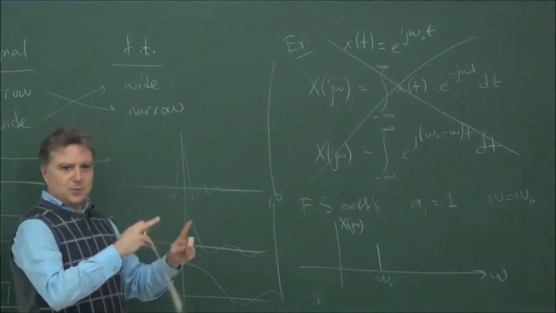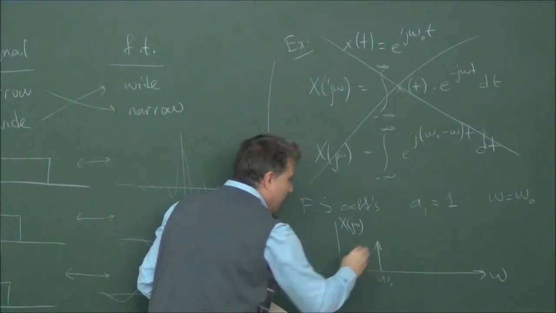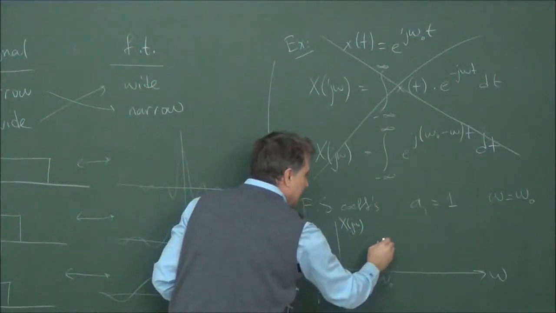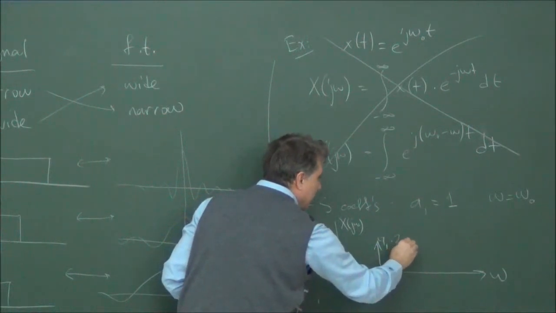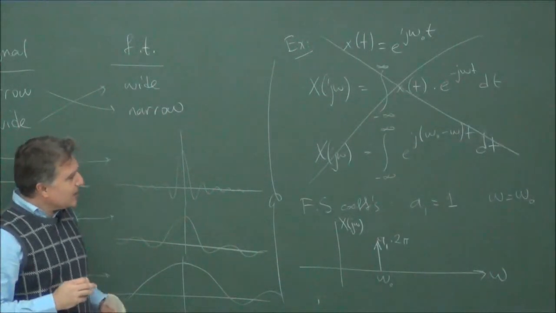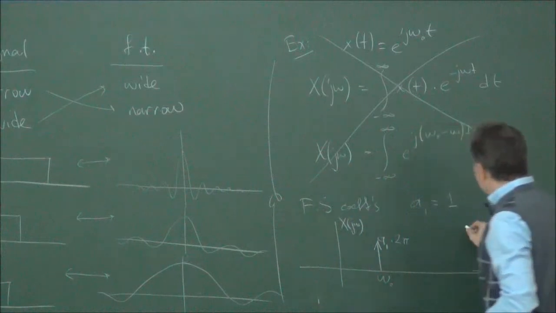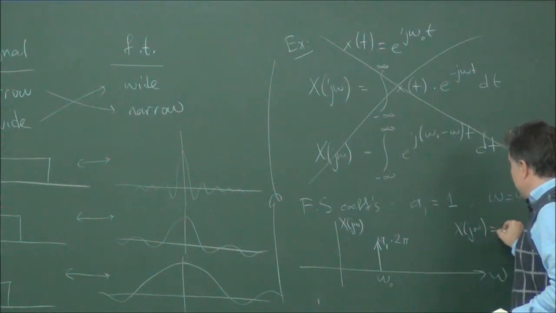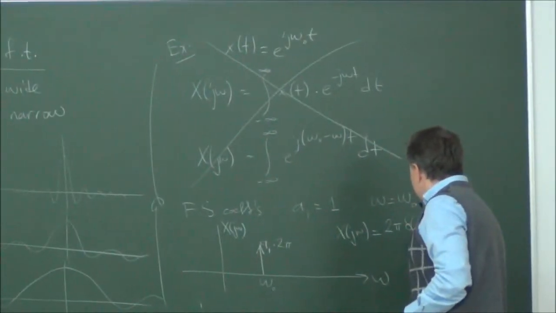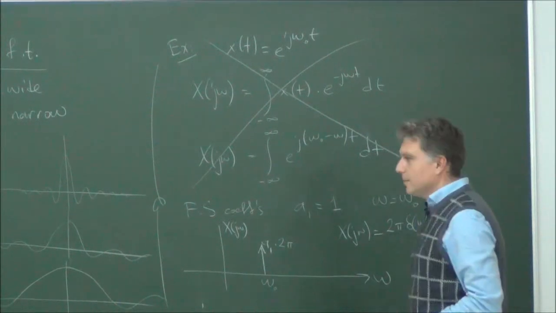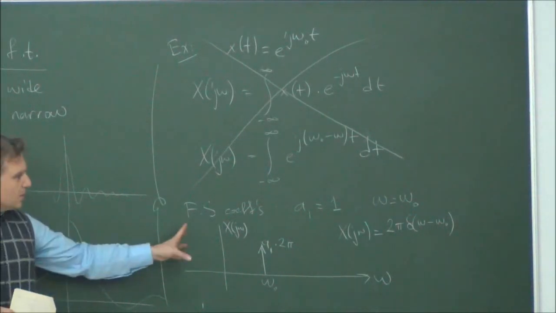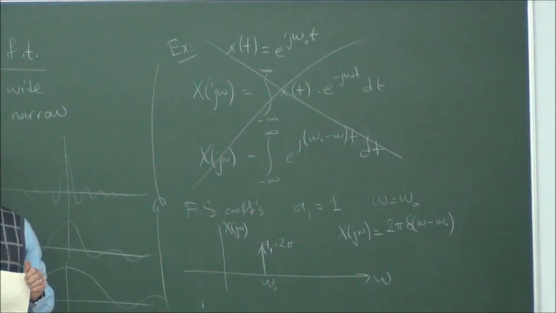Continuous impulses were terminated with an arrow. So put an arrow here. What is the magnitude of that impulse? It is a1 times 2 pi, which is 1 times 2 pi, which is 2 pi, by the way. So this is the Fourier transform, and you can also write it, X of j omega, as 2 pi times delta of omega minus omega 0.